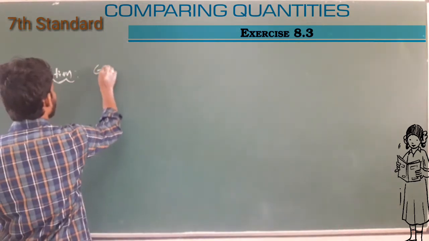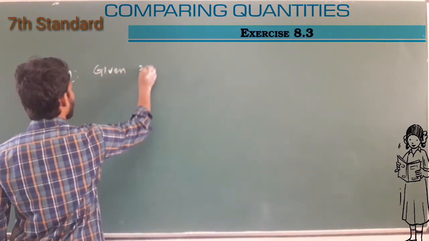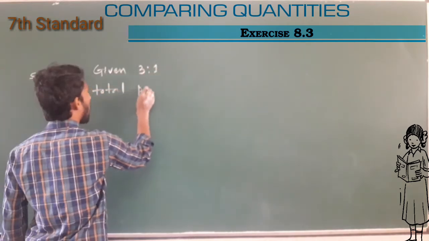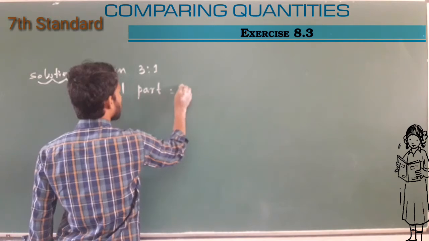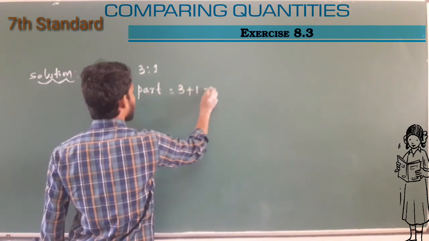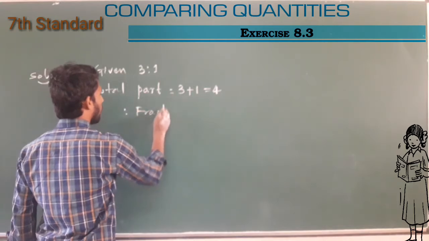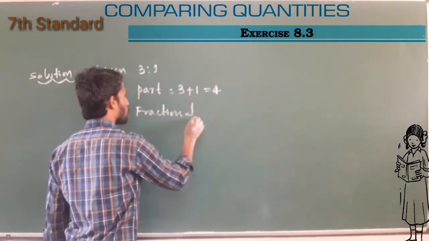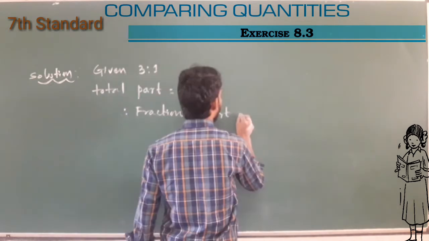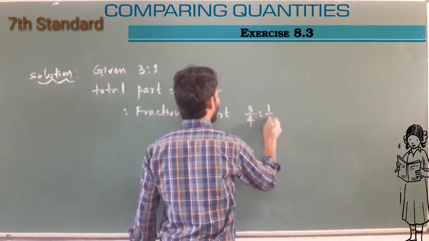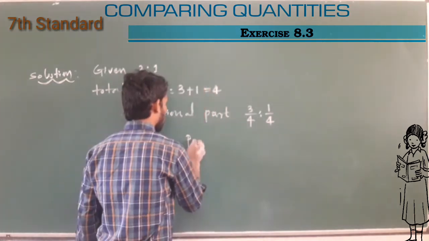Given 3 is to 1. The total part is 3 plus 1 is equal to 4. Therefore, the fractional parts we can write as 3 by 4 is to 1 by 4.